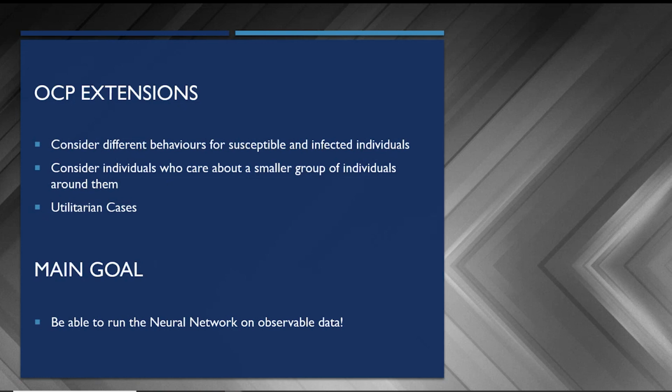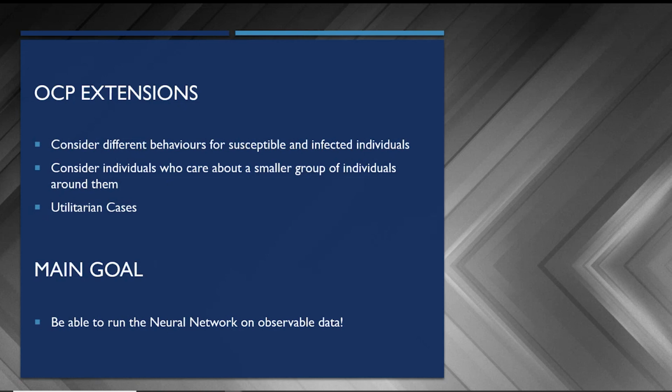So, for example, it could be realistic to say that people behave differently depending on if they're susceptible versus if they're infected. You could also say that both young and old people will not only behave differently, but also have different utilities, different priorities. There's probably a much higher cost of infection if you're old compared to if you're young.